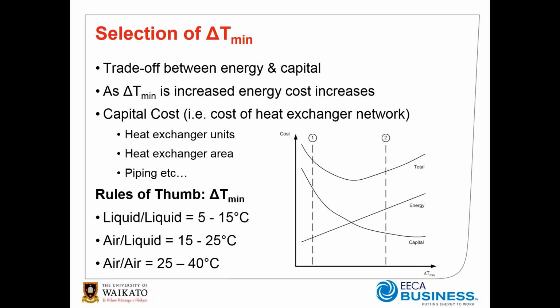If you're looking at a shell and tube, it tends to be a bit higher, between 10 and 15 degrees. And we've just had a comment here from one of the listeners that 3 degrees is common for a plate heat exchanger for liquid-to-liquid heat exchange. So you can see how that has somewhat changed over time with the energy to capital ratios.